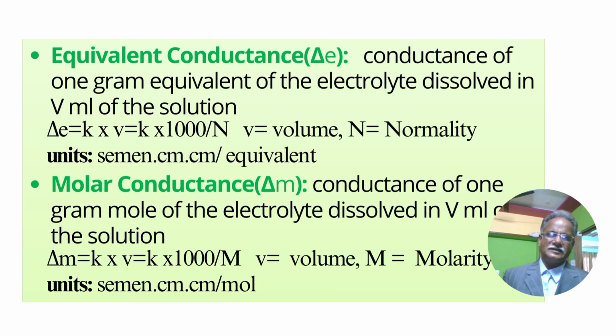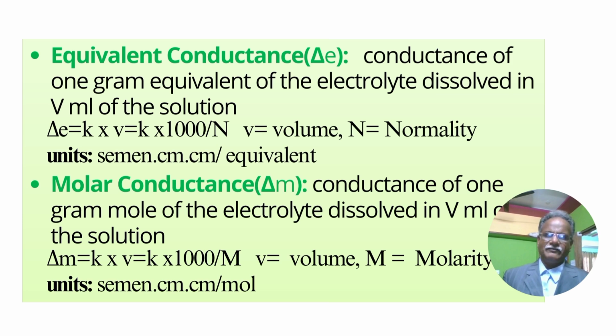In other words, it can be expanded like this. Delta E is equal to K into 1000 by N, where N represents normality. Units for equivalent conductance are Siemens centimeter square per equivalent.